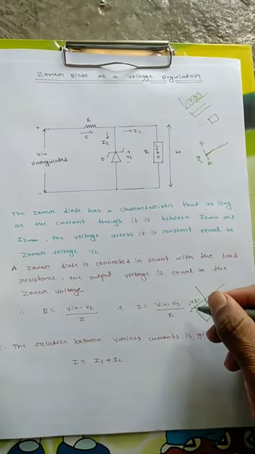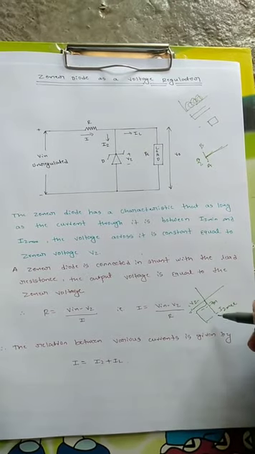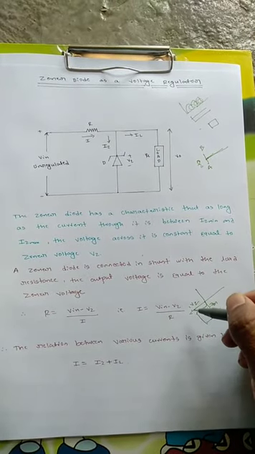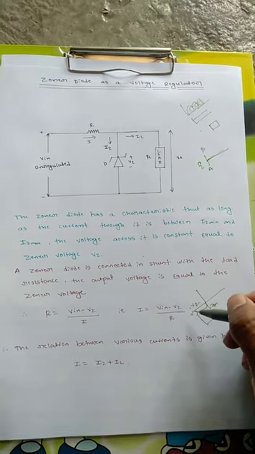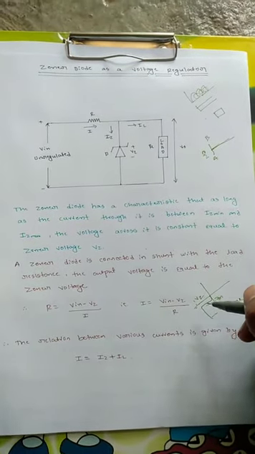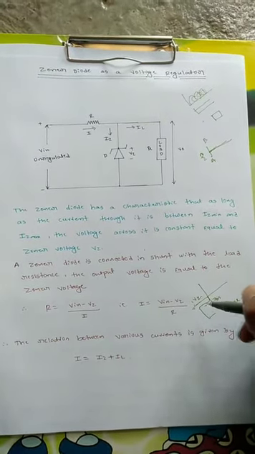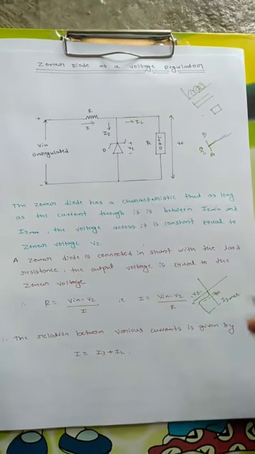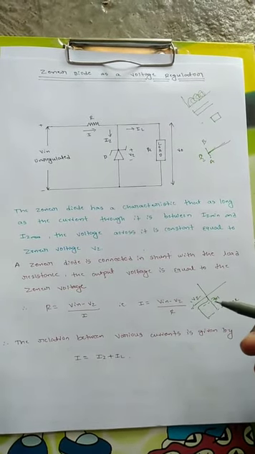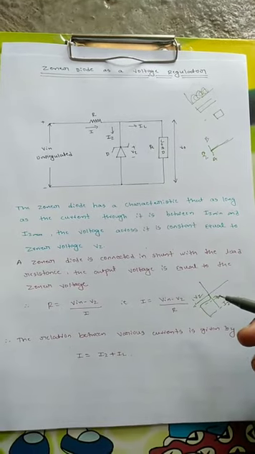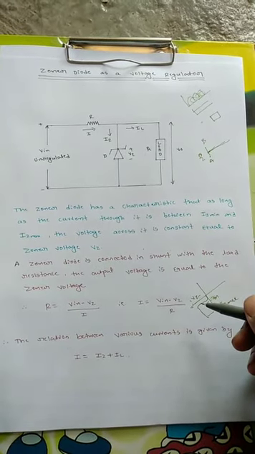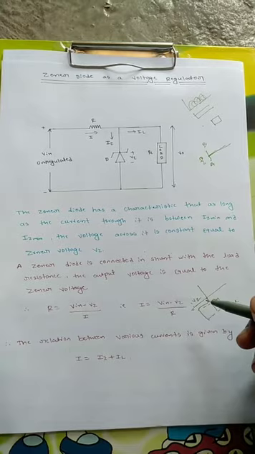As long as the current is between IZ minimum and IZ maximum, the output voltage will be constant, that is VZ or the breakdown voltage. This is the speciality of the Zener diode: in spite of changes in the current, the output voltage will not change. It stays at a constant voltage called the Zener voltage, denoted by VZ.